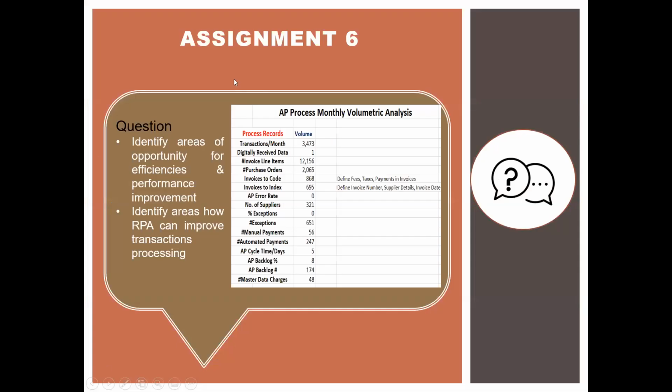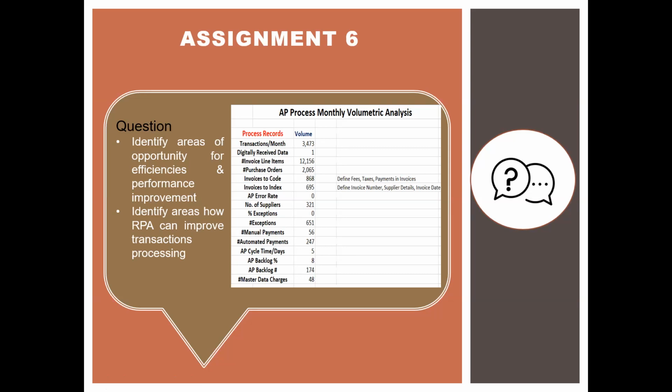So that's a hands-on assignment, I would say. Here you can see there is a table. This is an accounts payable process where I'm showing you a monthly volumetric analysis. This is the analysis of the volumes that my AP process team does manually.